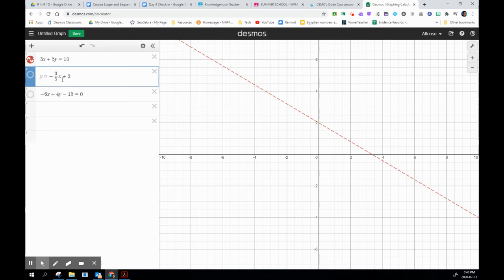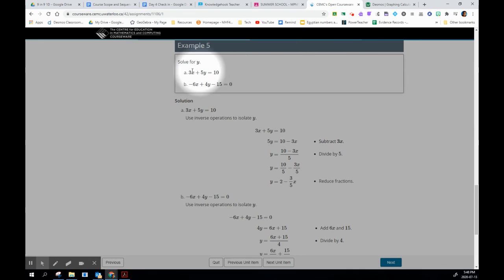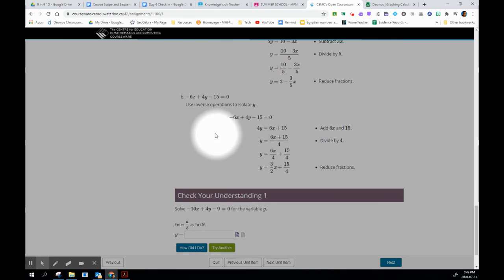What we just did was use our tools for equations to isolate the y and therefore write this equation that is in standard form as y equals mx plus b. Okay, so now we're going to do another example. The second example, negative 6x plus 4y minus 15 equals 0.